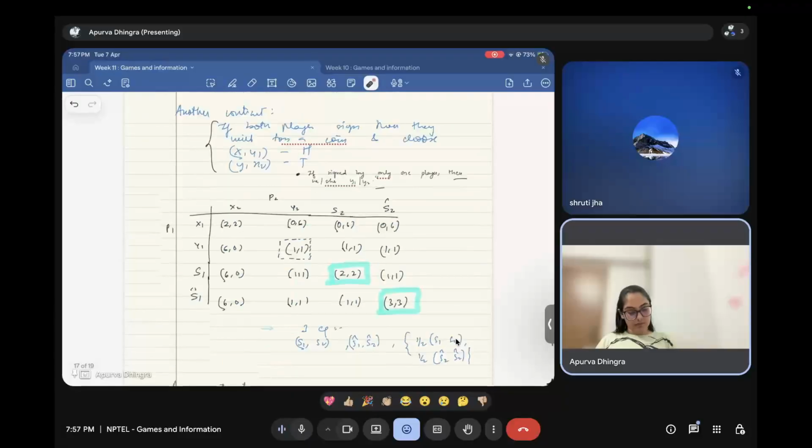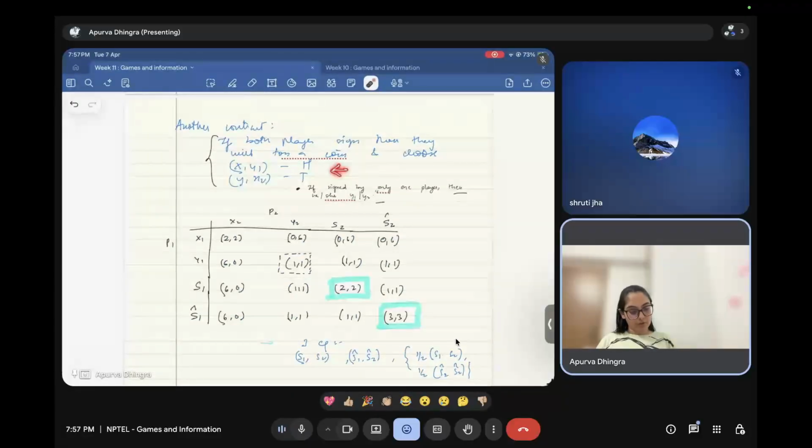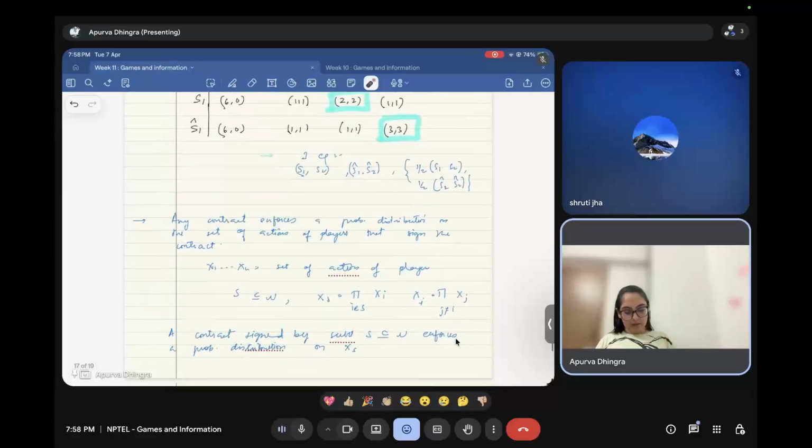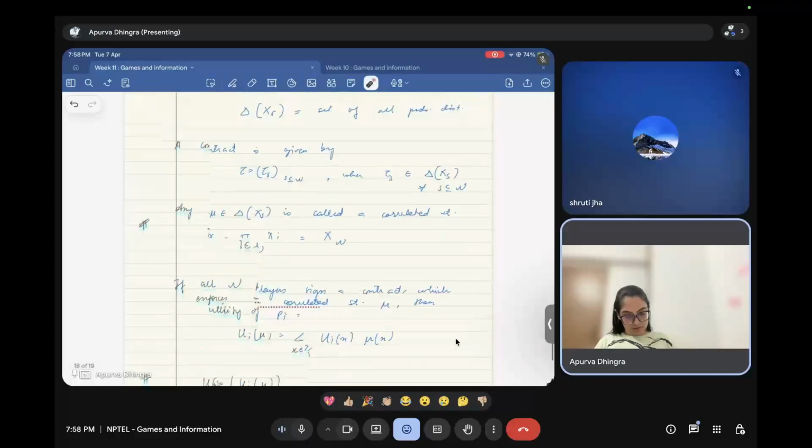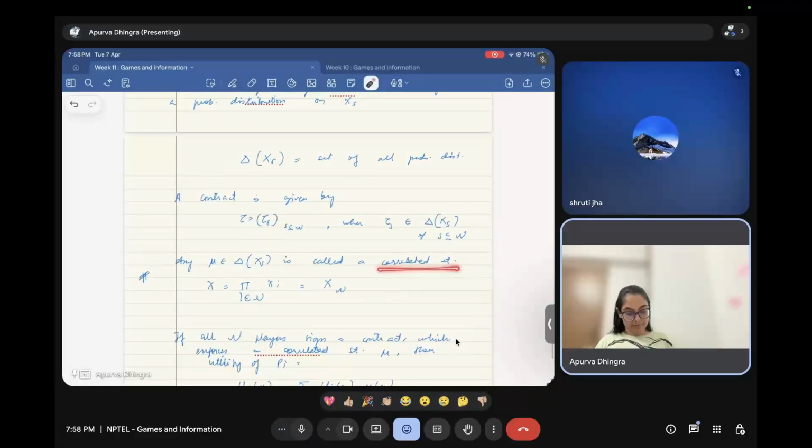Here, there was a coin toss that gave a probability distribution to these utility values, and in the process of getting this 3,3, we just multiplied the actual utility value with the probability assigned for this profile, and also the other ones for which the probability was actually 0. There is a name for this kind of a way of thinking. The name is correlated strategies.